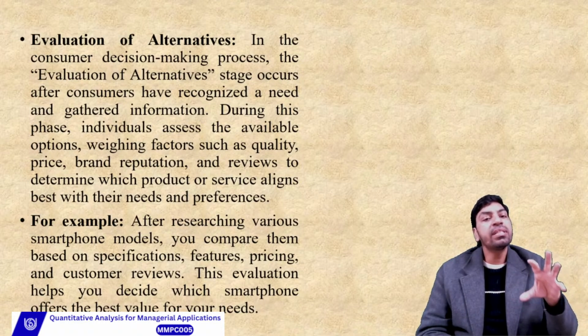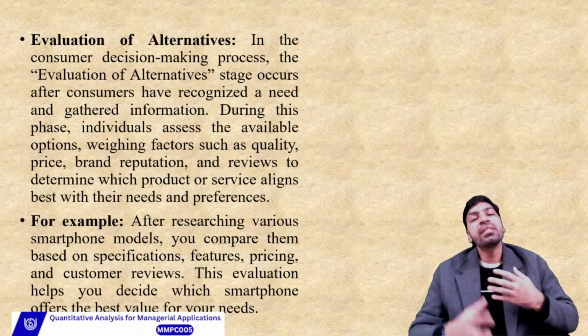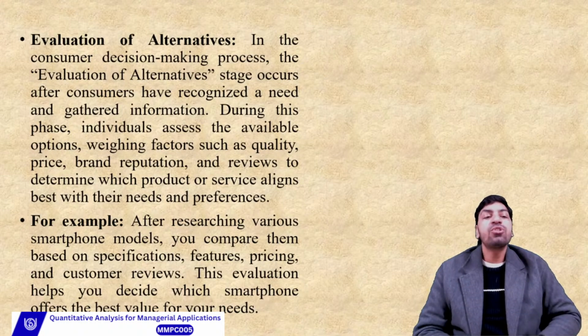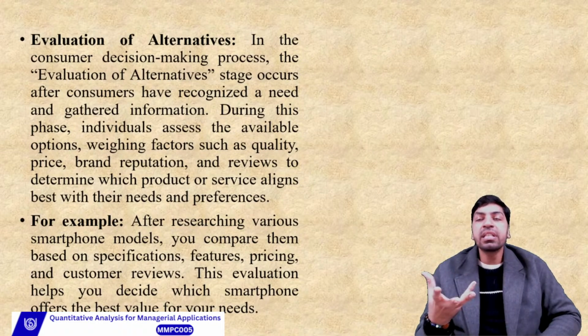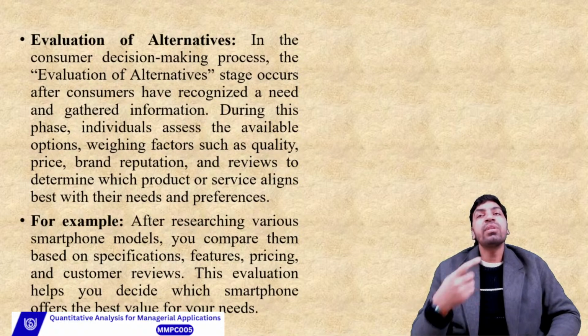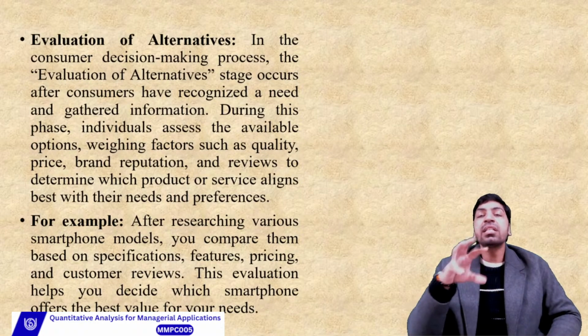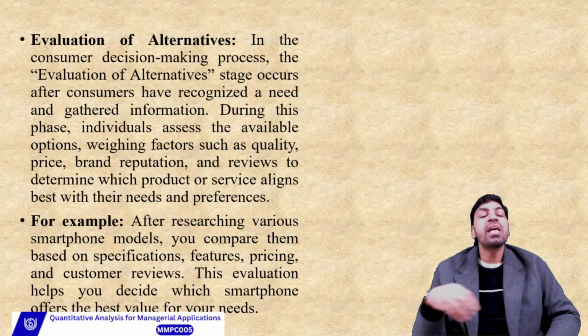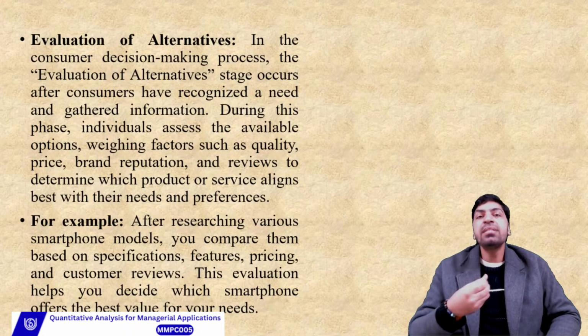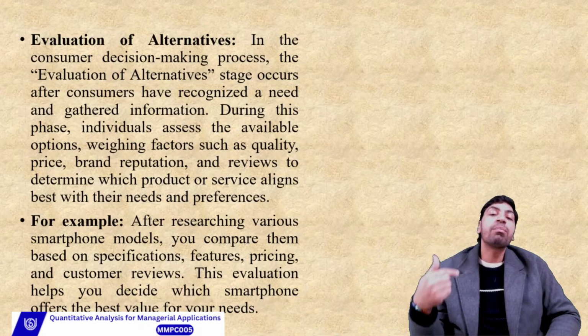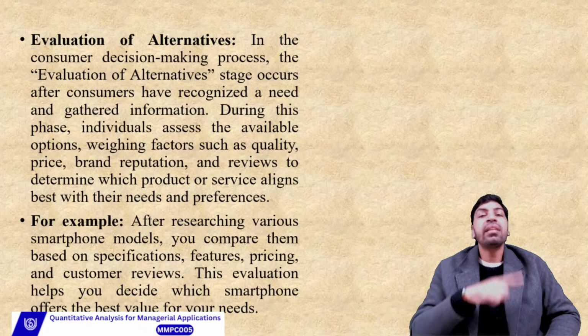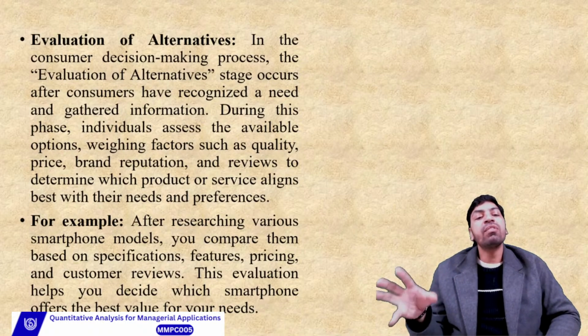During this stage, individuals assess the available options based on various factors like quality, price, brand reputation, and reviews, to determine whether such a product or service would be the best fit for their needs or preferences or not. And that is called the evaluation of alternatives.